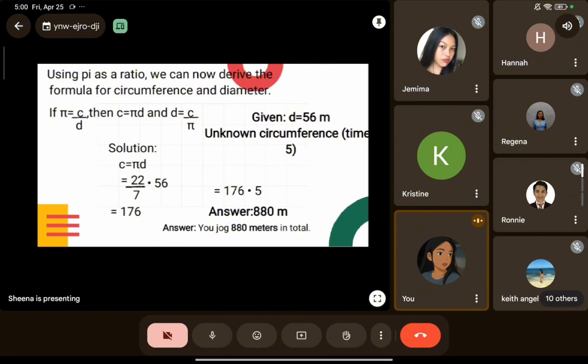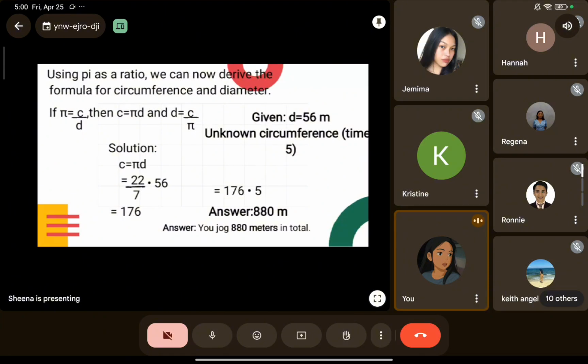If pi is equal to C over d, then C is equal to pi d. The formula we use here is the diameter formula, C equals pi d. Our given is the diameter, 56 m. The unknown is the circumference, which is one lap of the jog.